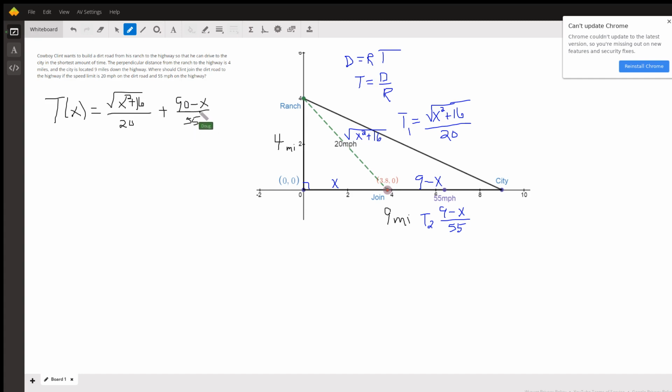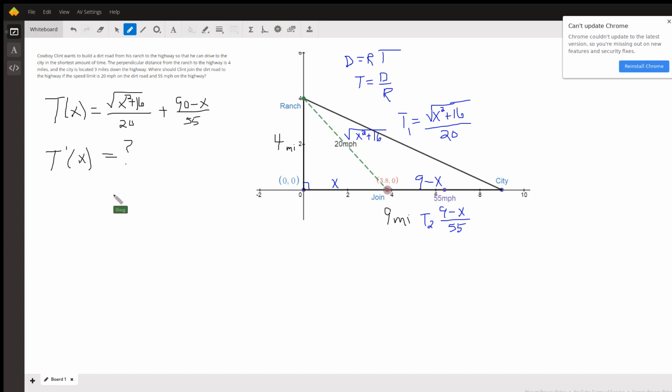Now, how do we find the value of x that minimizes that time? We find T prime of x. I'll let you figure that out. What do we do with that first derivative? Well, we find the critical numbers.